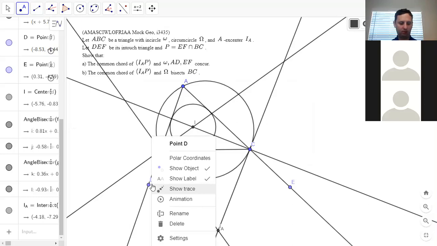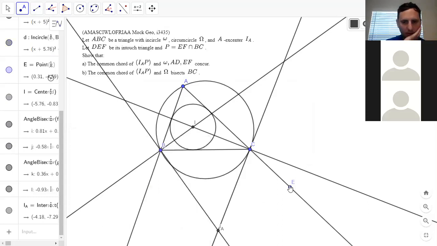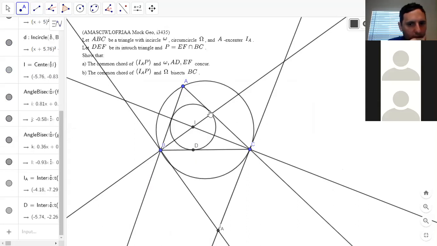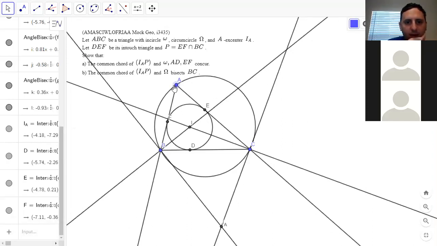All right. Okay, we can delete this and this. So DEF is the in-touch triangle. And P is the intersection of EF and BC.